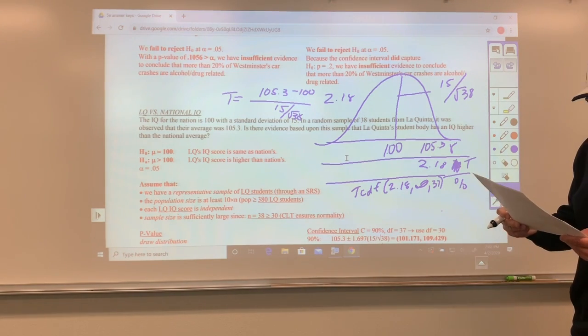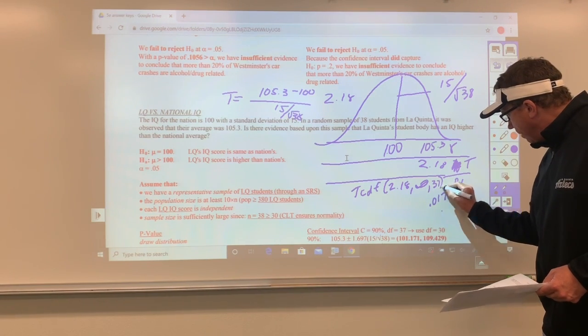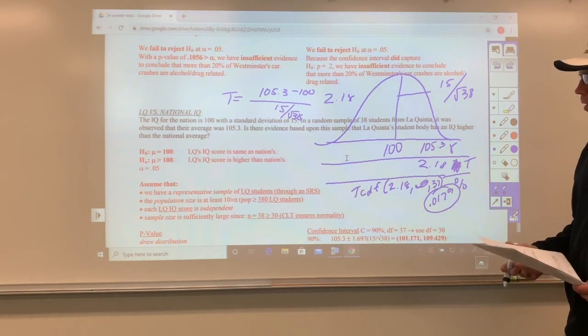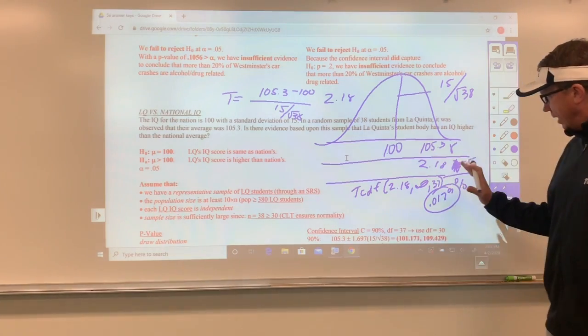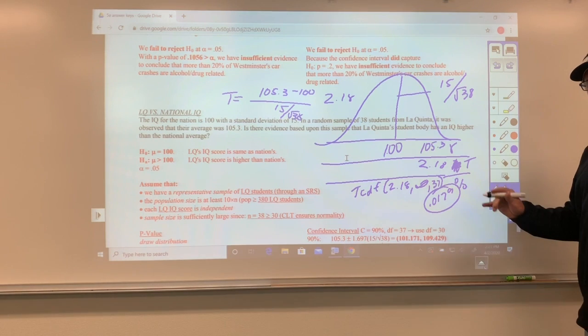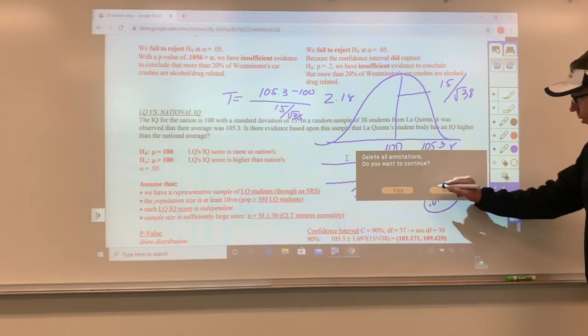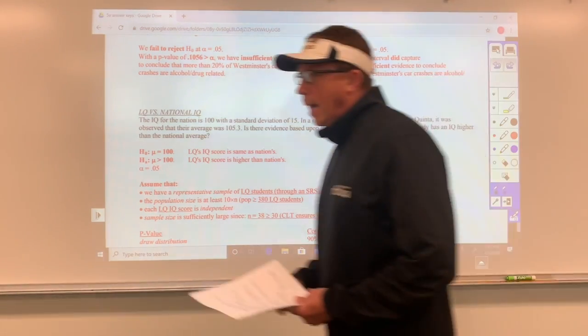That's going to get you a p-value of 0.0179. I'm going to do this on the calculator so you have a sense of it. If you need to pause this at any time and write it down, no problem. You're probably going to do this via software, so let's check it out.